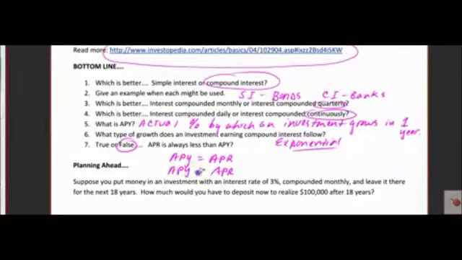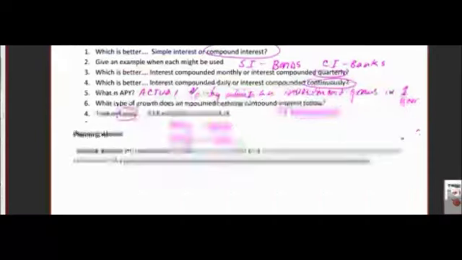Oh, shoot, APY is greater than APR when interest is compounded more than once a year. If it's once a year, the two are equal.